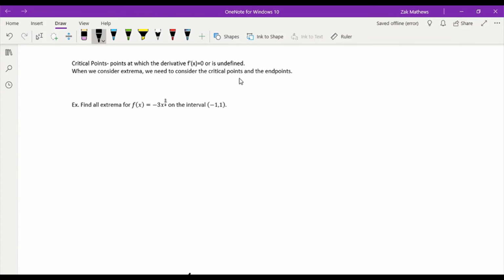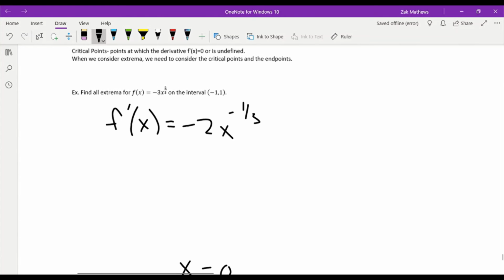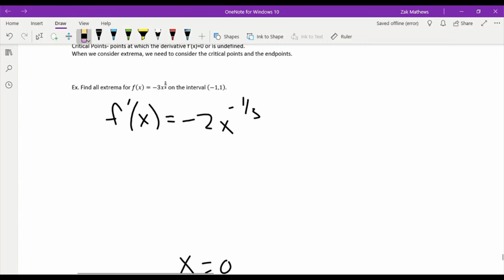In addition to the endpoints, we also have to look for critical points. And to find my critical points, I need to find a derivative. So let's find the derivative of our function. We'll have negative 3 times 2/3, that's going to give me negative 2, x now to the negative 1/3 power. And so now we need to think about when this thing is equal to 0 and when it is undefined.